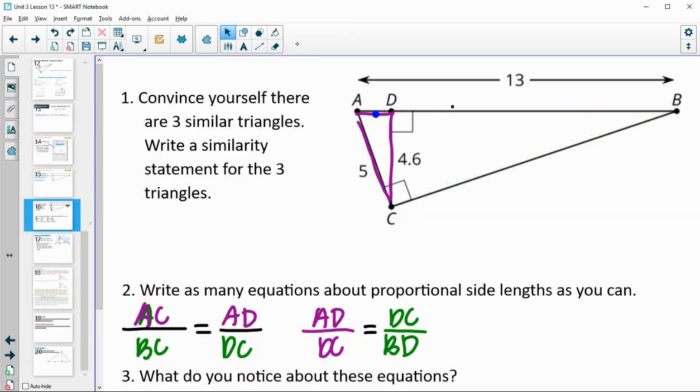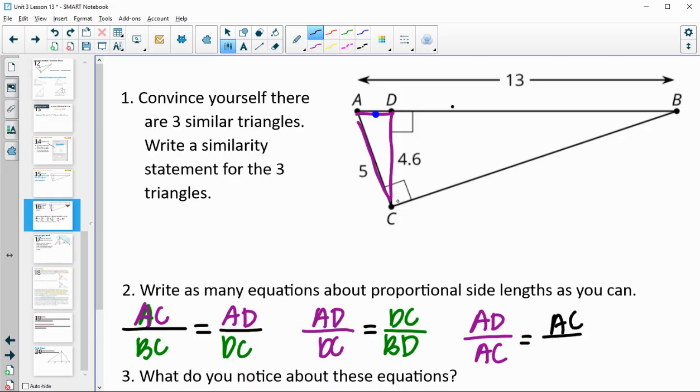So comparing this little purple triangle, again, maybe the shorter leg in the purple triangle to its hypotenuse, then I could do that with the larger triangle as well. So the shorter leg in this big triangle is AC compared to its hypotenuse AB.